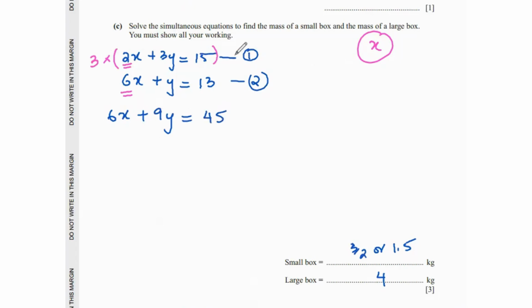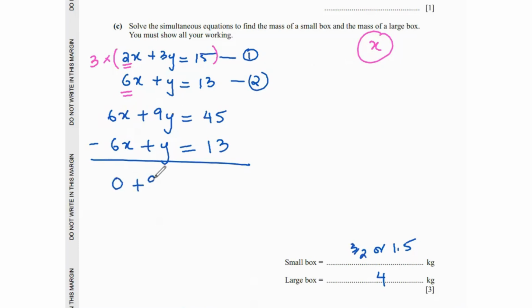We multiply all of the terms by 3, not just the x value. So then we have 6x plus y equals to 13. Once you've made the coefficients equal, now we need to see what is the sign of x in both the equations. In the first equation, it's positive, and the second equation is also positive. So to get rid of it, we need to subtract the two equations. 6x minus 6x is 0.